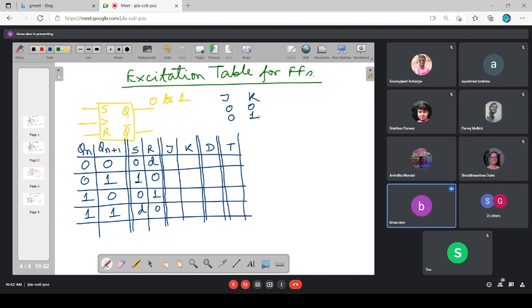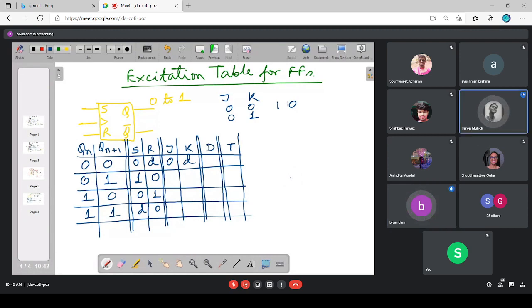So what is the J condition and what is the K condition? 0 don't care. Next is 0 to 1. How can I do it? 1 0, by setting the memory.